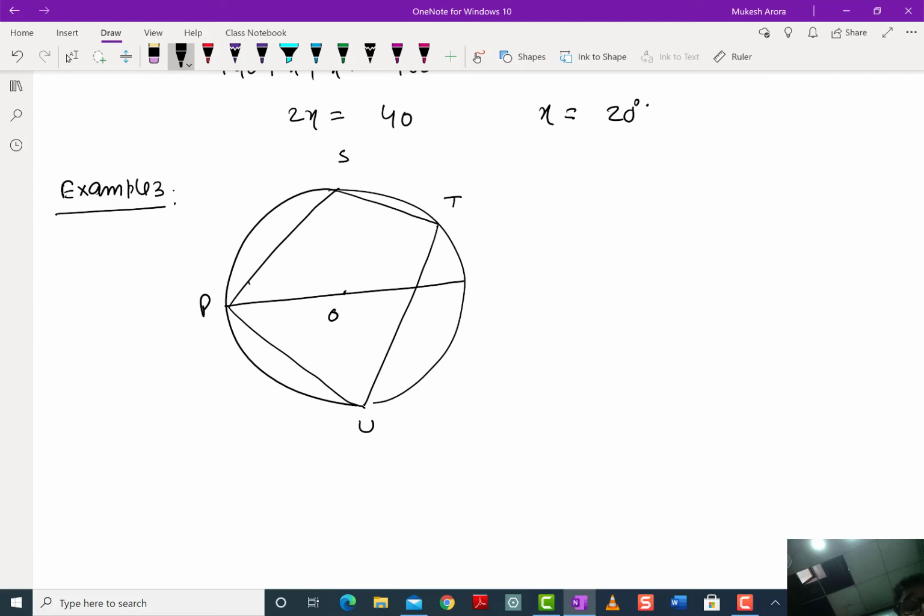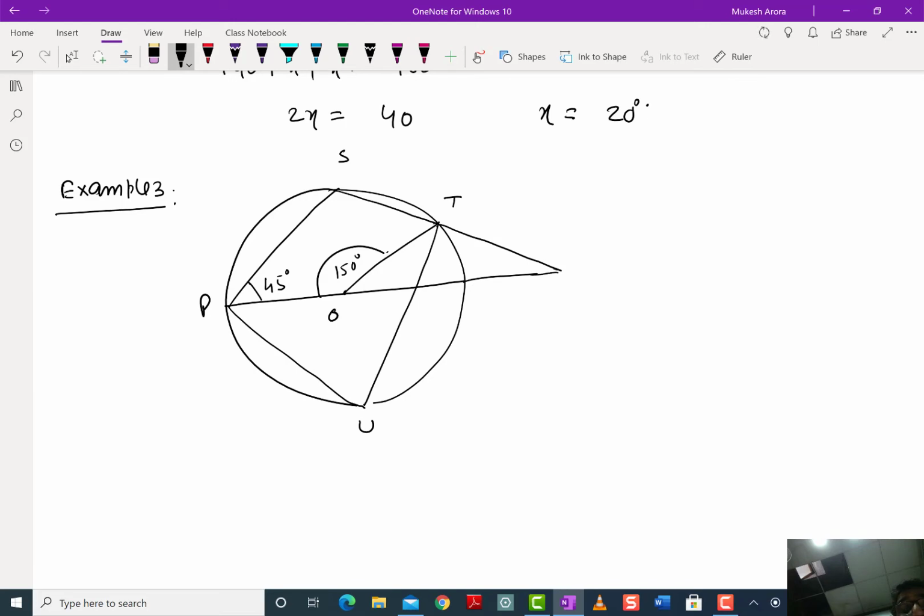This angle is 45 degree. This angle is 150 degree. This is R. This is Q.